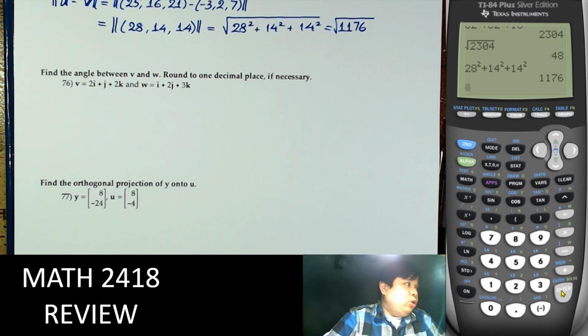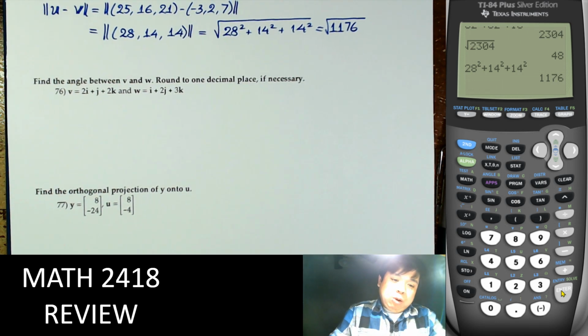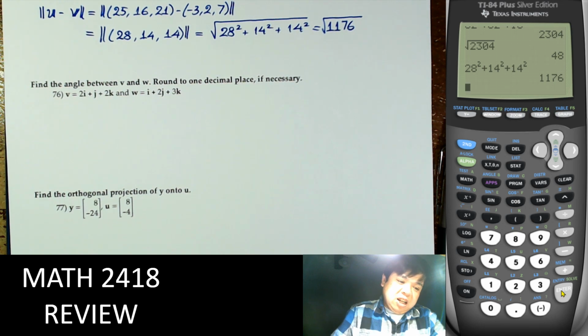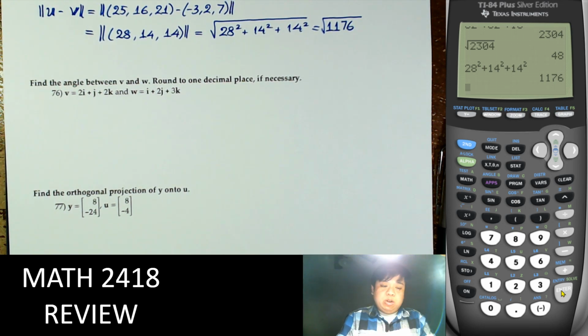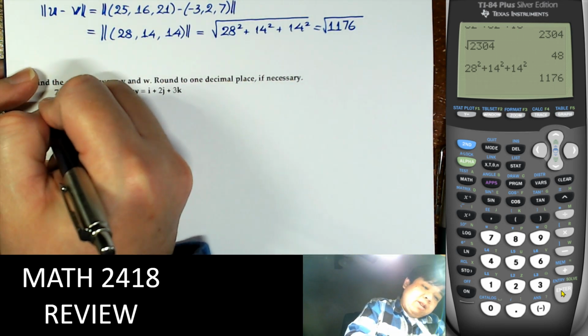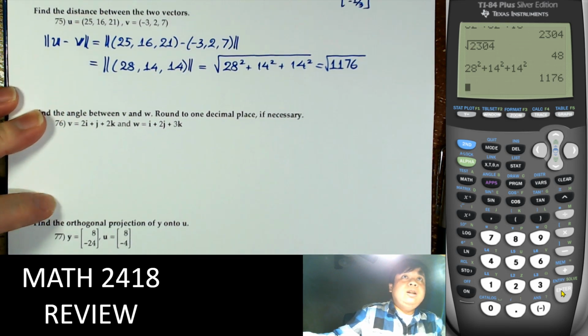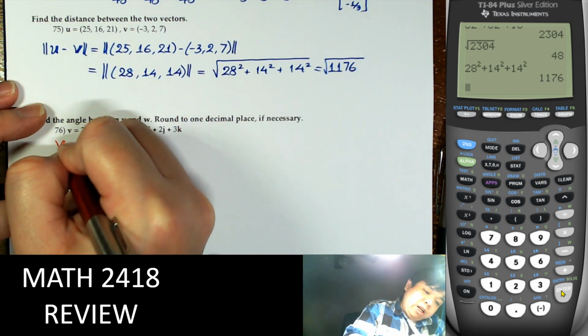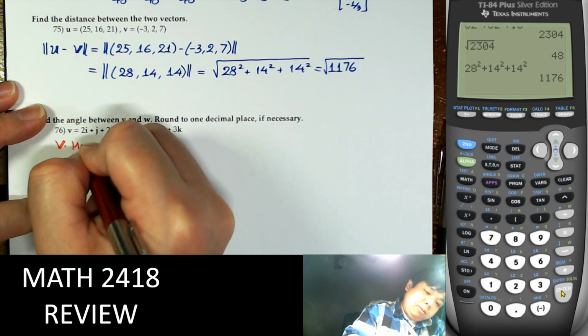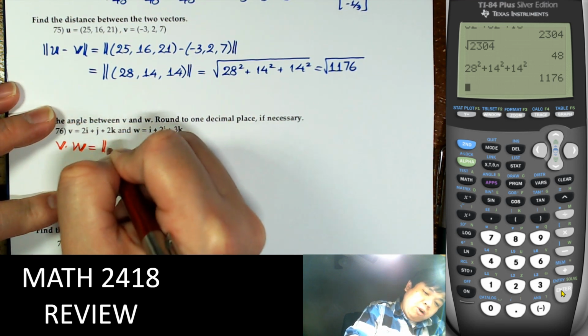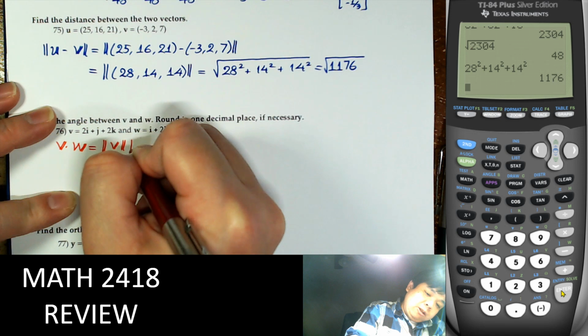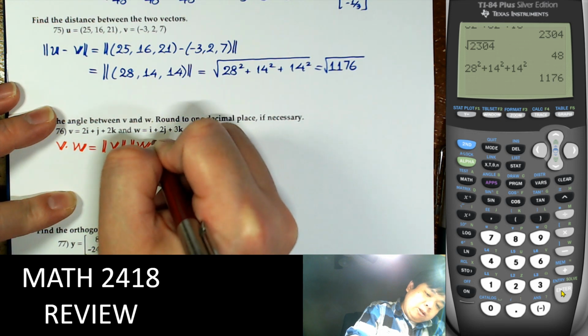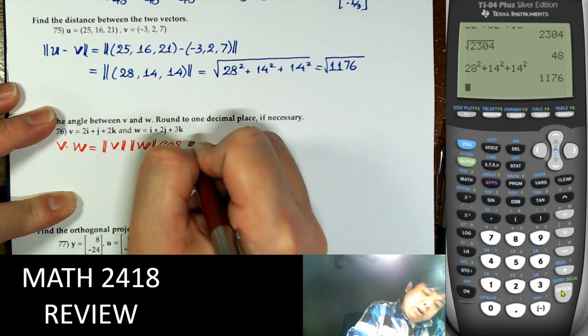Find the angle between two vectors. Round to one decimal place if necessary. Right, so the angle between two vectors. First we have this property that the dot product, or the inner product, is equal to the product of the magnitudes times the cosine of the angle between them.